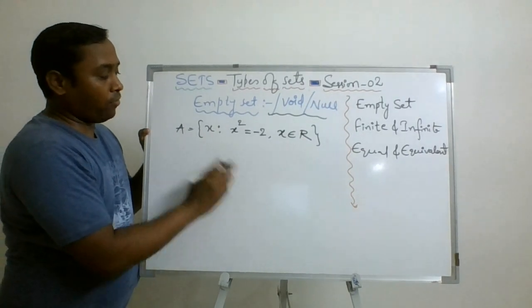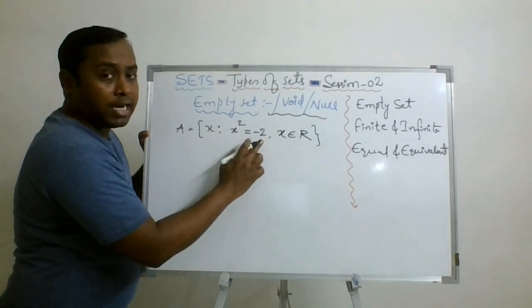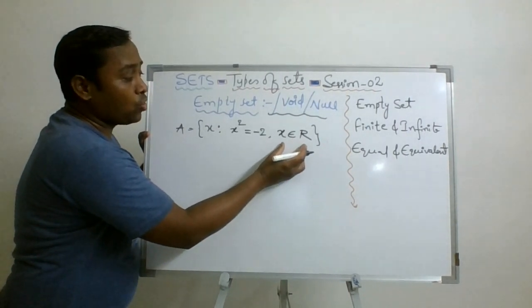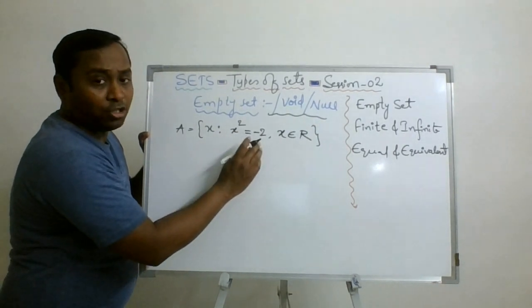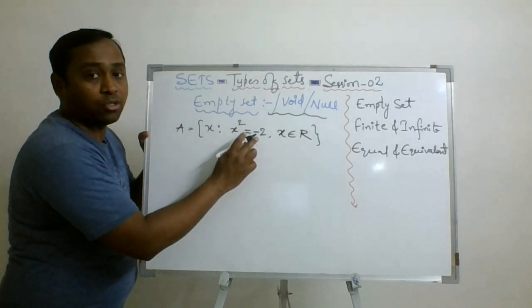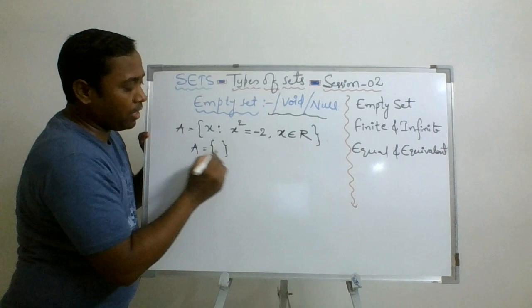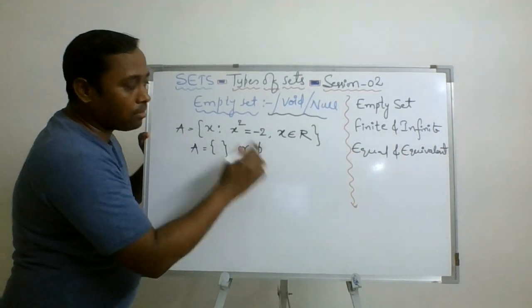Just read it carefully. There is no such real number which satisfies this condition. There is no real number whose square will give -2. Therefore we can say A is simply a null set.